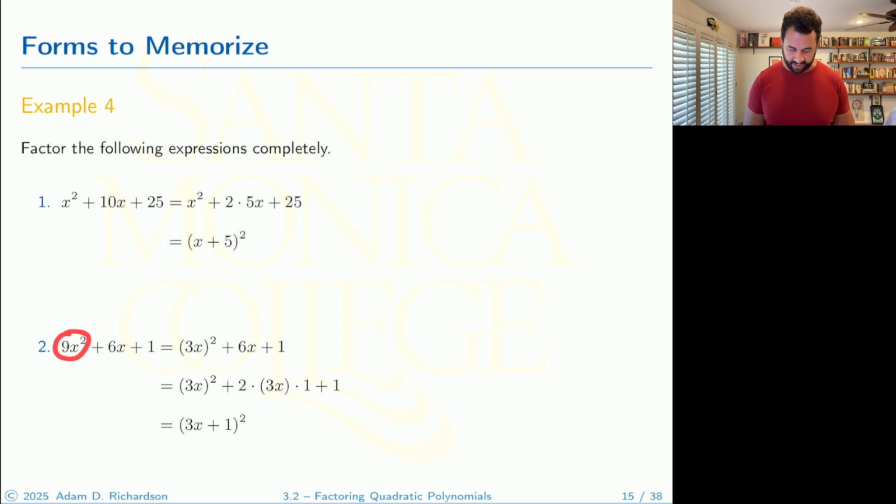You might have to recognize 9x squared as 3x squared, but then 6x is 2 times 3x times 1, and 1 is equal to 1 squared. Maybe I should have put a squared right there. Pretend there's a squared right there. There you go. So it factors as 3x plus 1 squared.